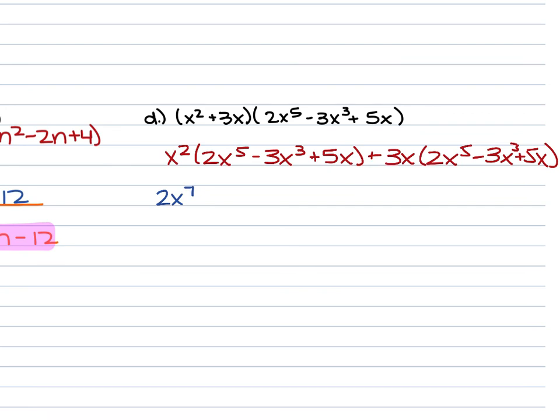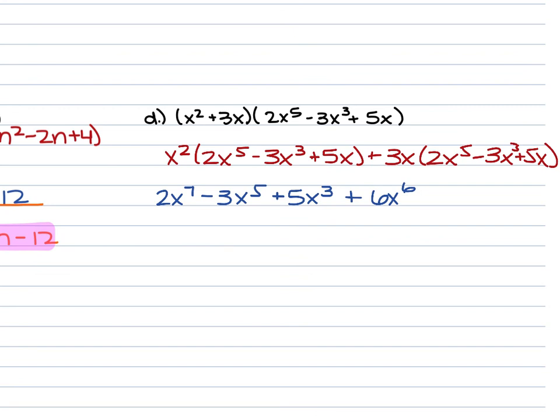X squared times negative 3x to the 3rd is negative 3x to the 5th. X squared times 5x is 5x cubed. For the 3x times 2x to the 5th power, we get 6x to the 6th power. That's not a like term to anything, so I'm going to write it on the end of this.